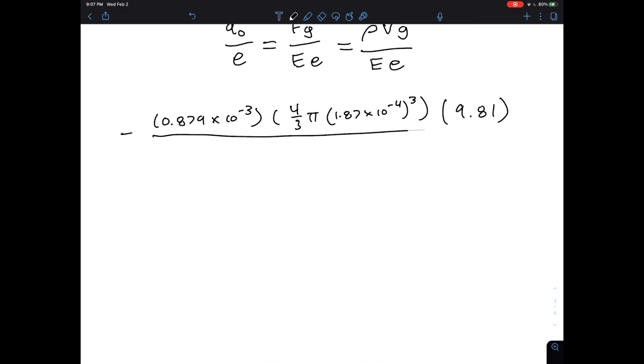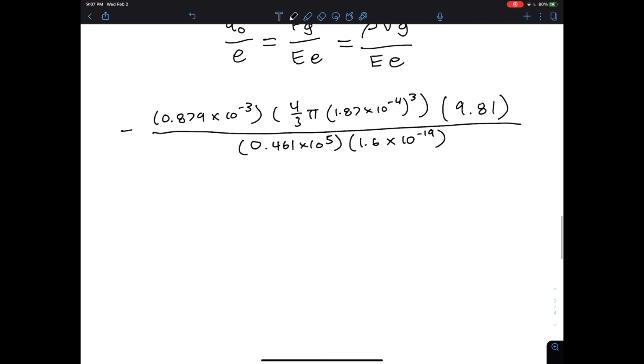And then all over the magnitude of our electric field, which is 0.461 times 10 to the fifth, times 1.6 times 10 to the negative 19th, which is our elementary charge.